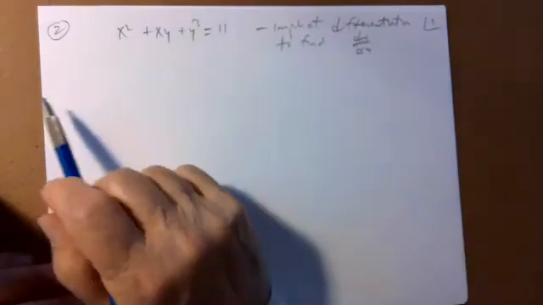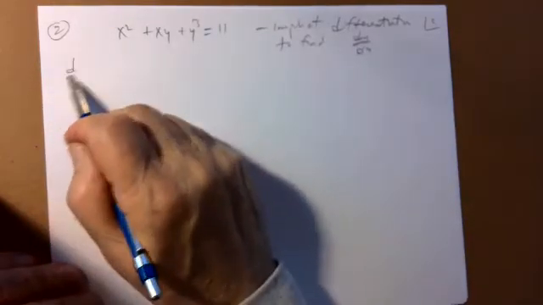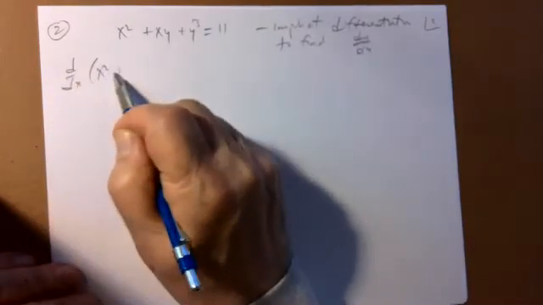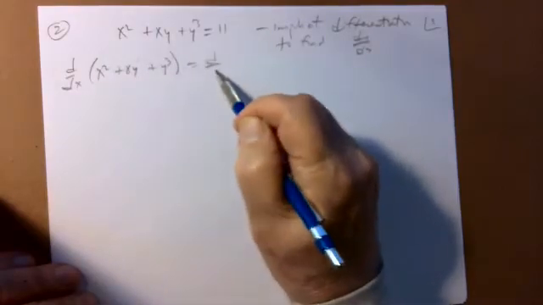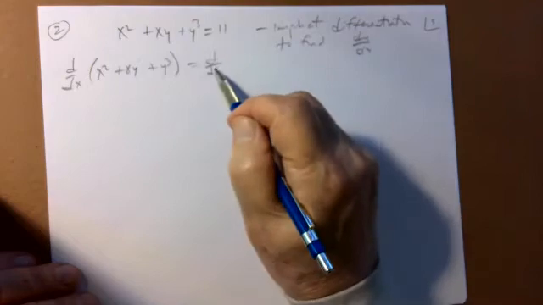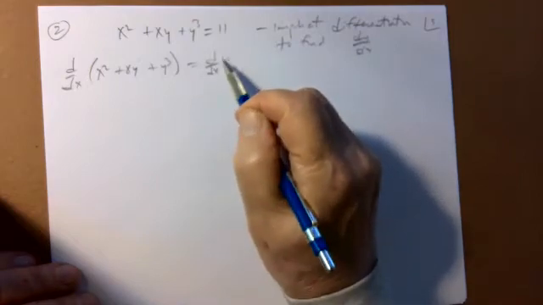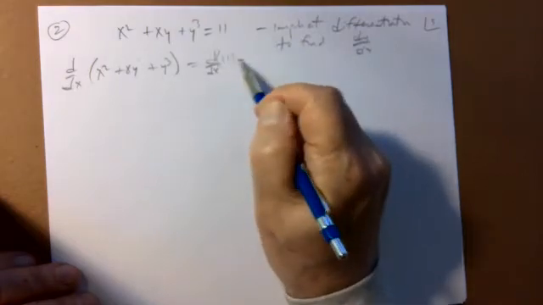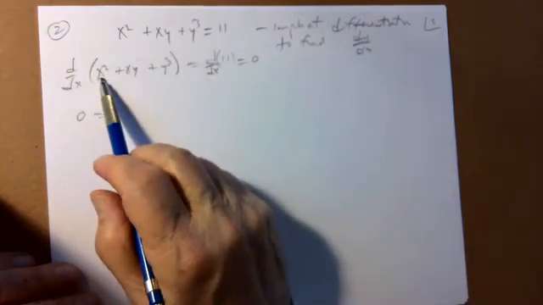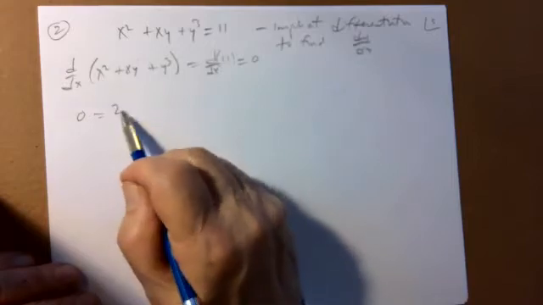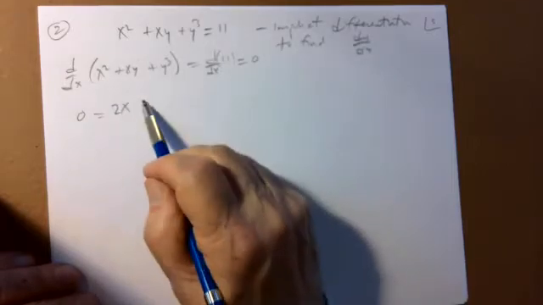So when you differentiate with respect to x, that's the derivative of the left-hand side equal to the derivative of the right-hand side. But of course, this is a constant, so this is 0. So we get 0 equals the derivative of x squared with respect to x, which is 2x.